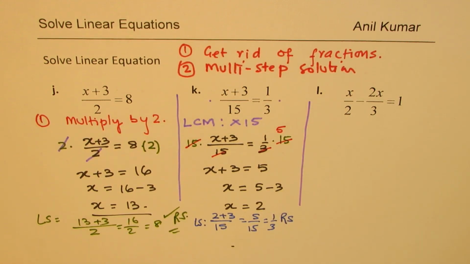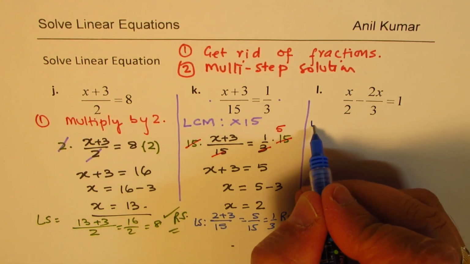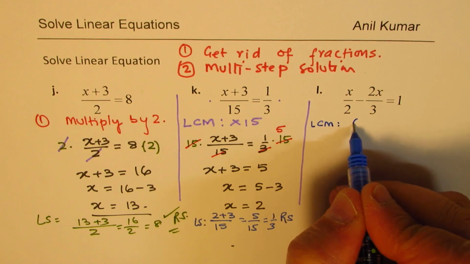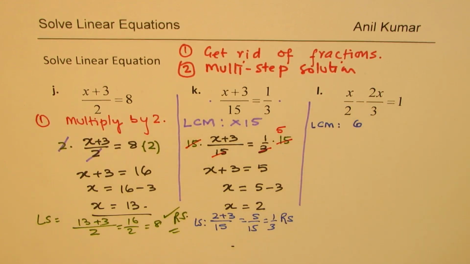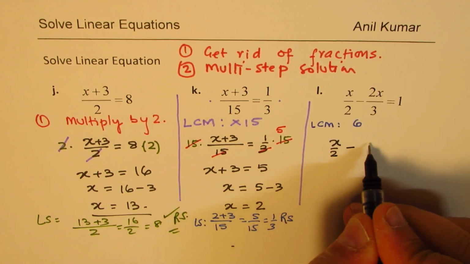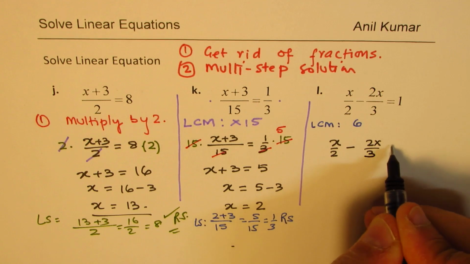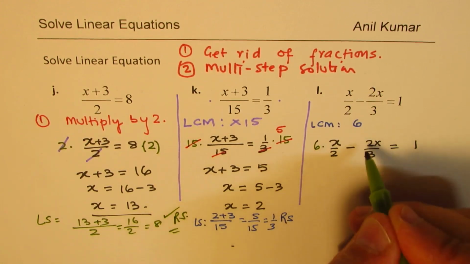Correct? The last question here has the denominators 2 and 3. So what is the LCM now? The LCM is 6. So we're going to multiply each term by 6. We have x over 2 minus 2x over 3 equals 1. We are going to multiply everything by 6.